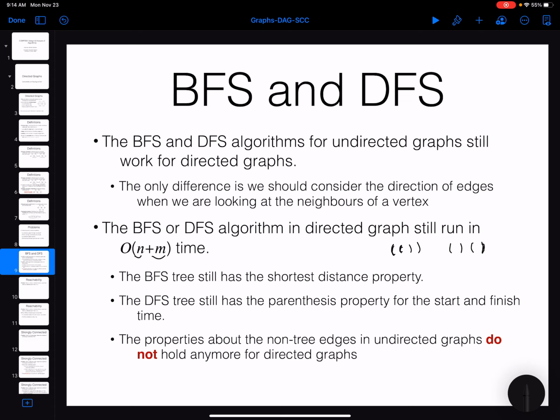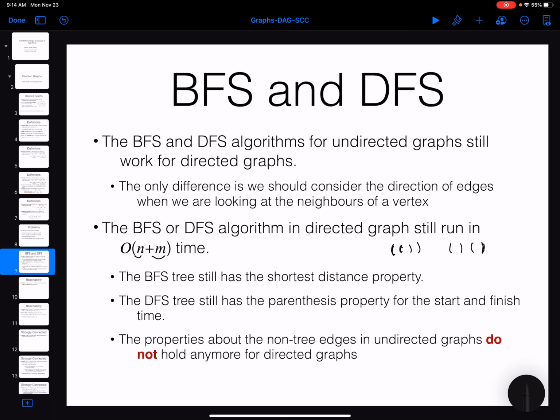The only property over these algorithms that we don't have on directed graphs is what we discussed about the back edges to find cycles and other properties, that is, the properties about the edges which are not in the DFS tree.